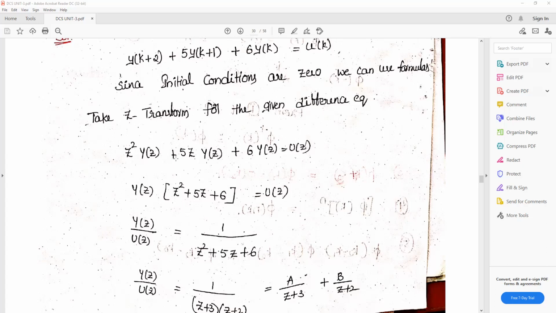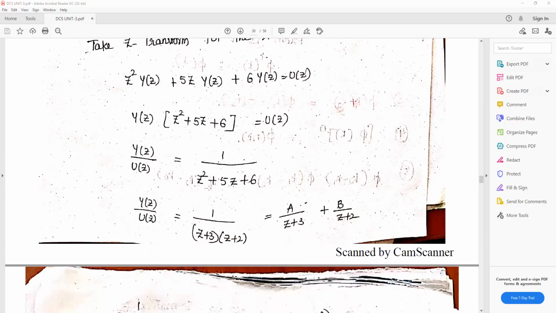Y of z is common. z square plus 5z plus 6 into y of z is equal to u of z. So y of z by u of z is equal to 1 by z square plus 5z plus 6.